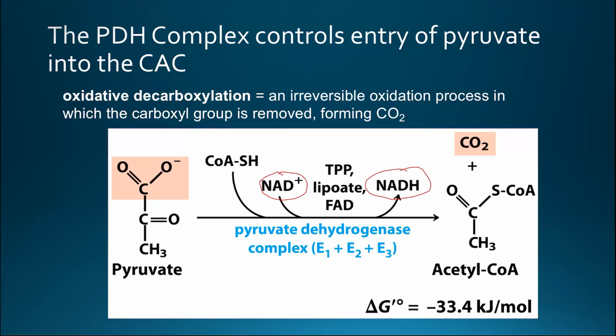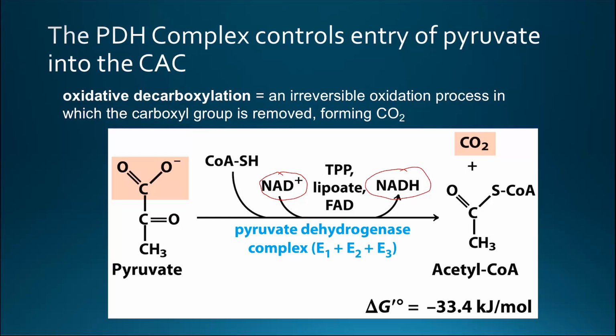The pyruvate dehydrogenase complex consists of 3 different enzymes, but multiple copies of each of those enzymes, and these 5 coenzymes, which we'll look at. In E. coli, which is commonly studied, the E1, E2, and E3 complexes are present in these numbers, 24, 24, and 12. Each of those has a coenzyme or a prosthetic group that is attached to it in order for it to be functional.